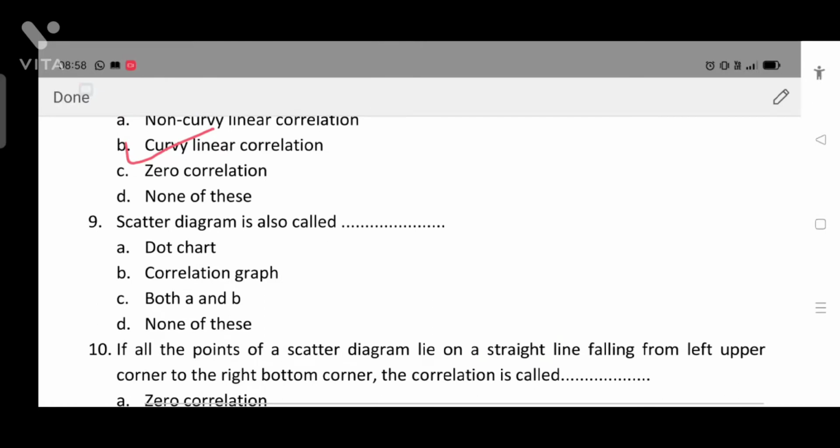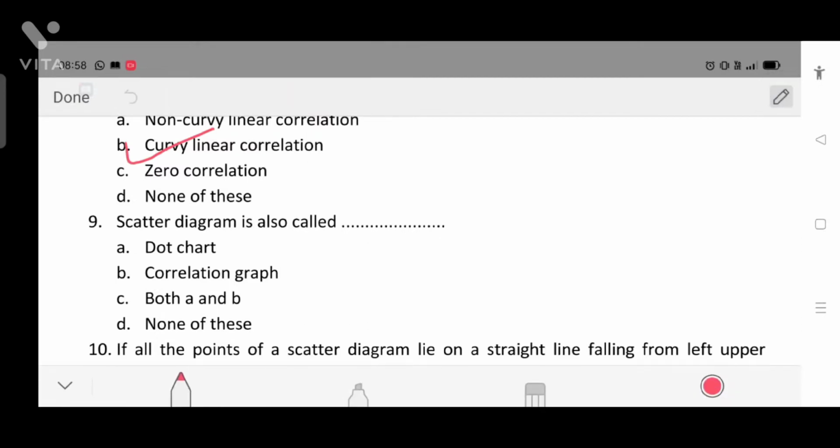Question 9. Scatter diagram is also called A, B, C, D. Answer is A. Dot chart.